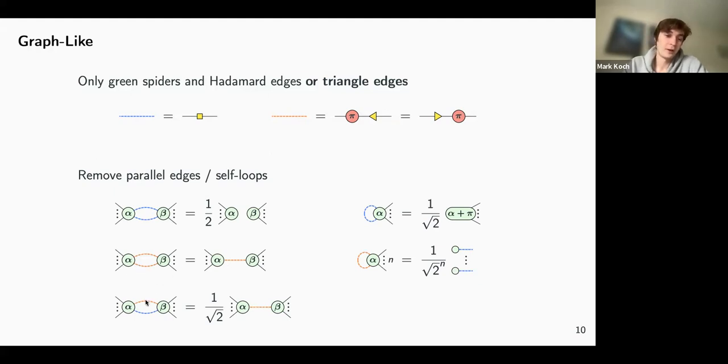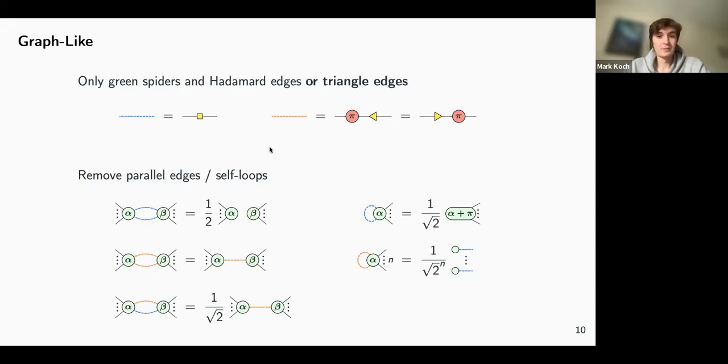Or if we have a triangle and a Hadamard edge, then the Hadamard edge just falls off. And if we have a triangle self-loop, then the node just splits apart. So all this is to say, if we add triangles into the mix, it all still works out. We can still represent diagrams as undirected graphs, and it all just works, which is really quite nice.